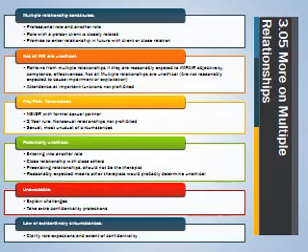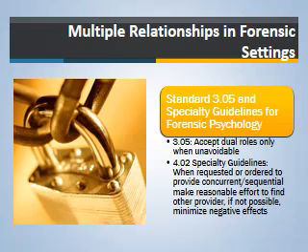Here's more on multiple relationships. Just to be careful and mostly just no harm. What about forensic settings? There's two things to consider here. The first is if you're legally required to do it, if it's not avoidable, make sure you clarify role expectations and any confidentiality issues. Now, secondly, let's say that you've been asked to, then try not to, but make reasonable efforts to refer.